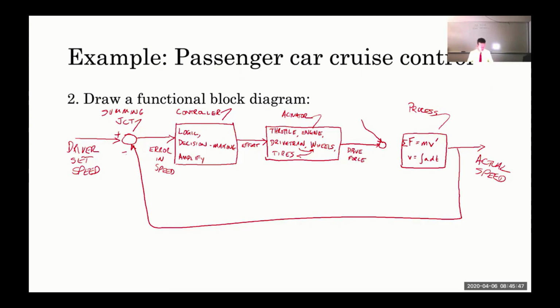There's the drive force, the force that we want, the force that we can control nominally, but then there's forces that are outside of our control, such as gravity going up and down hills, such as drag. Is it a headwind? Is it a tailwind? Is it gusty? Is it a crosswind? Are we driving by a semi and we're in the draft?